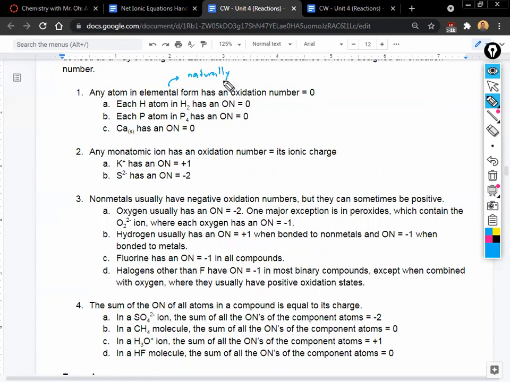Hydrogen is usually found as H2 gas, so if we have H2, both of the hydrogens have an oxidation number of 0. Phosphorus is found as P4, so it has an oxidation number of 0. And solid calcium has an oxidation number of 0.